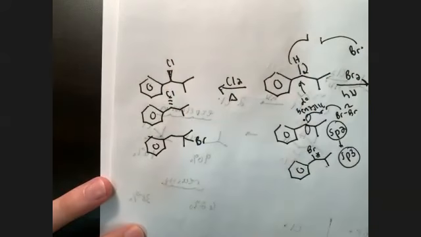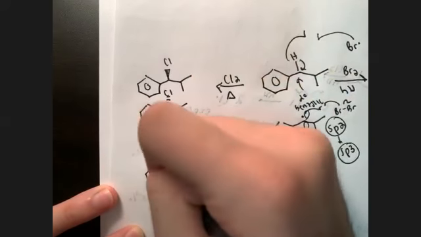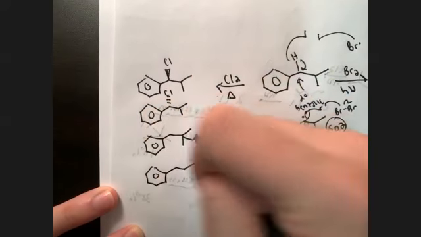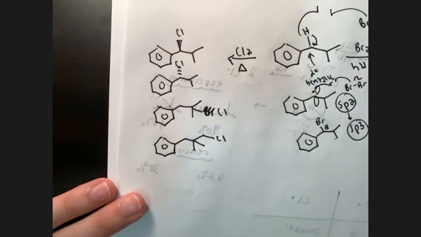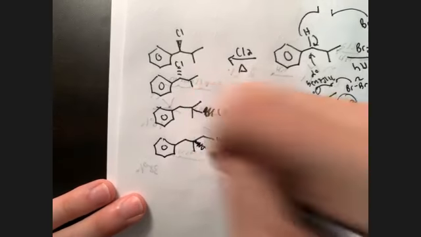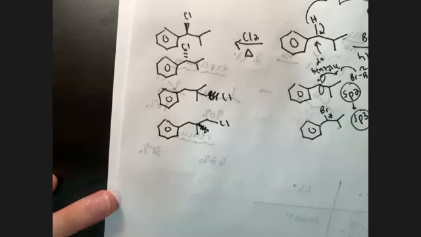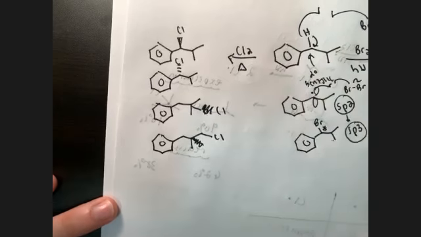Oh, no, excuse me, not bromine, chlorine. Or what about even the protons up here? Oops, only one of these. But what about the proton up there? So you actually get a mixture of 4 different products, and these would be all 4 products.